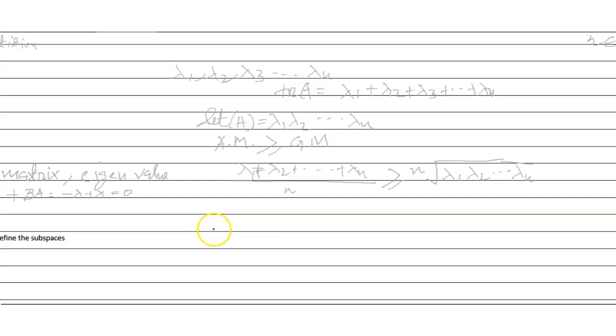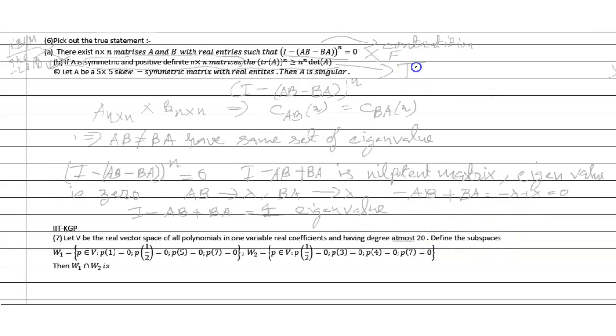After that, lambda 1 plus lambda 2 plus up to lambda n whole to the power n is greater than or equal to lambda 1 lambda 2 up to lambda n. So the trace of A whole to the power n is greater than or equal to det A. This is true.